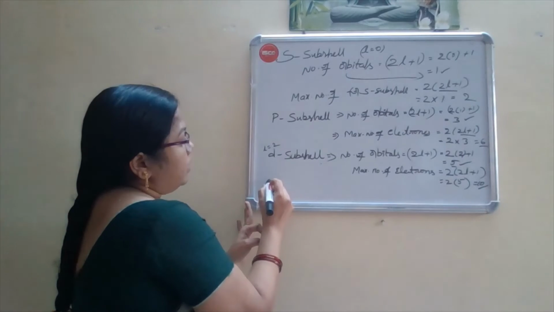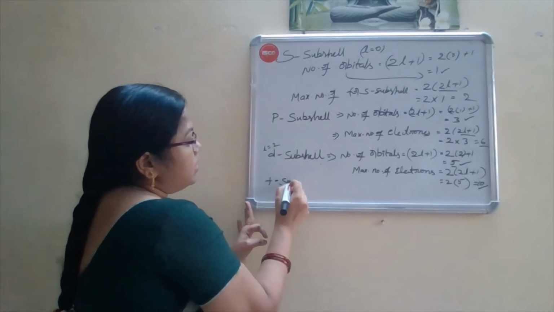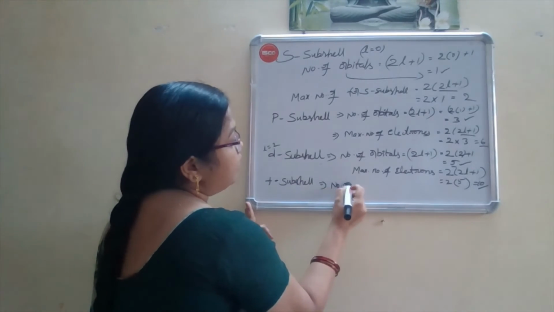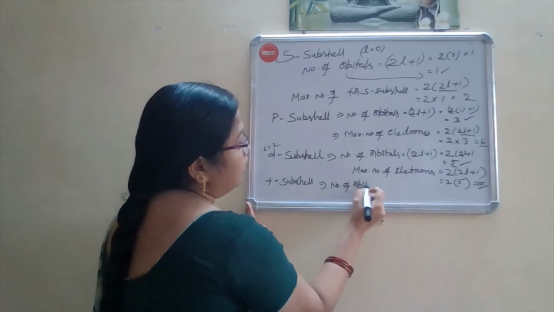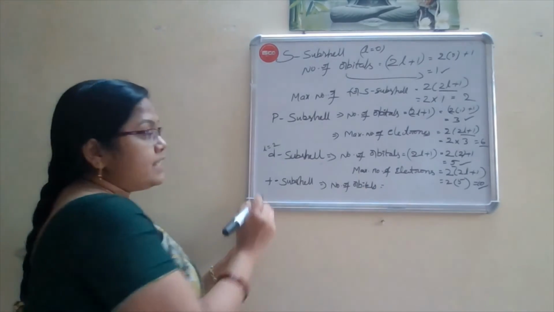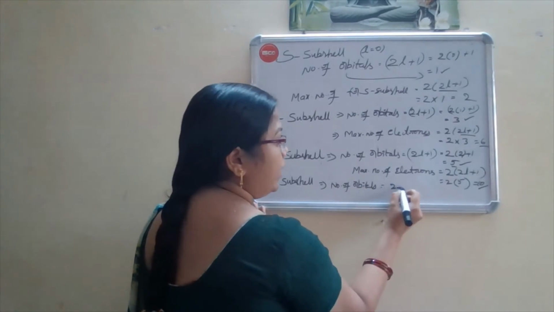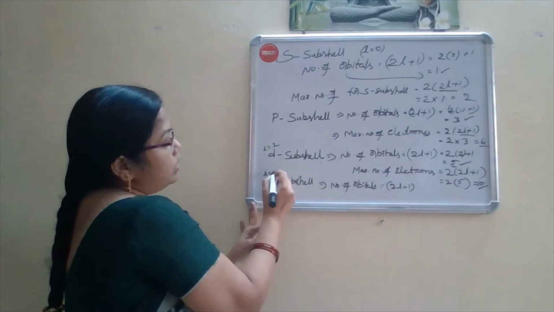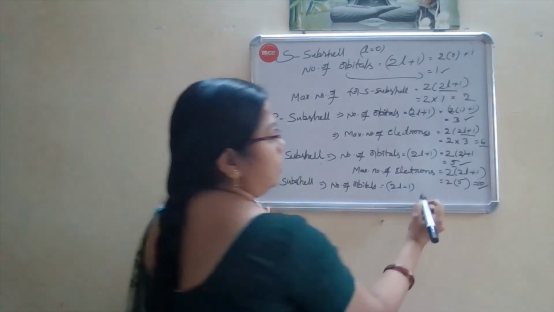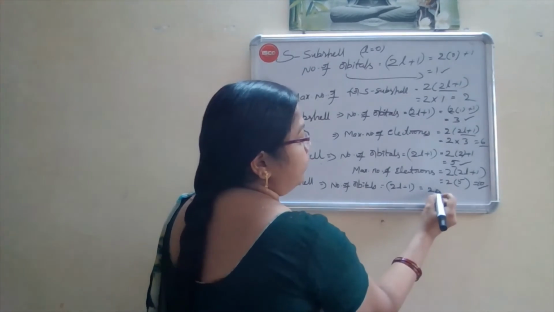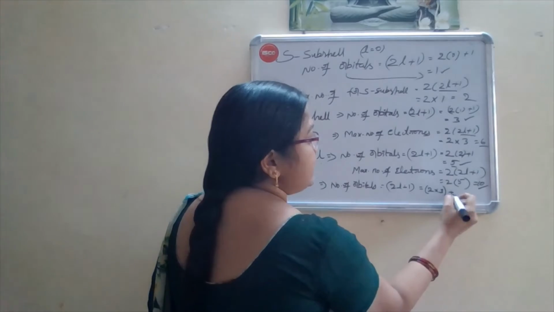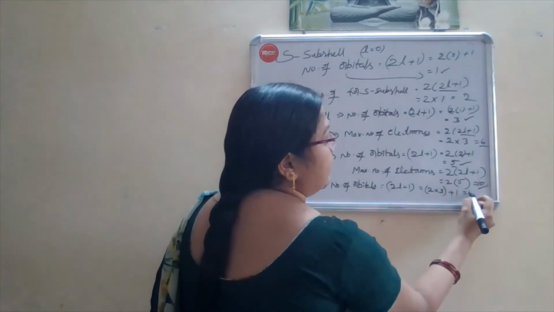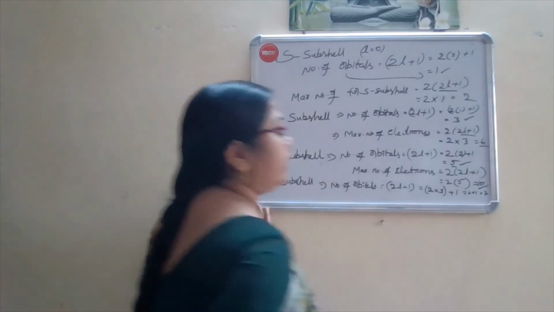Next, F subshell. Number of orbitals in F subshell is 2L plus 1. For F subshell, L is equal to 3. So 2 into 3 plus 1 is equal to 6 plus 1, that is equal to 7.